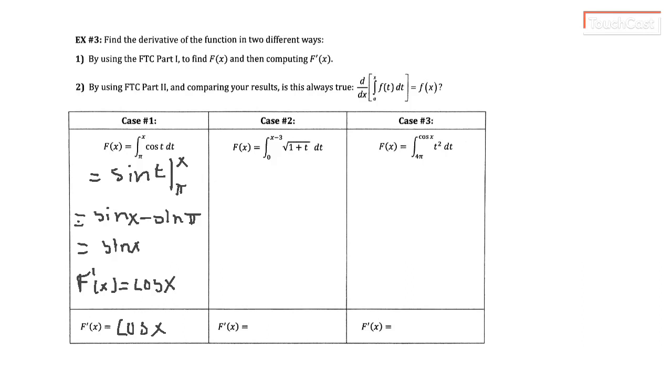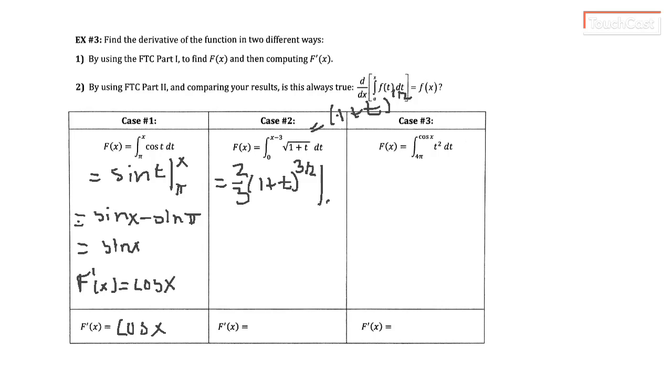Now here in case 2, I know that the square root of 1 plus t can be written as 1 plus t in parentheses to the 1/2. I don't have to always write it at this point. I just know that that's the case. So when I'm trying to find big F, I take 1 plus t and I increase the power by 1. So the power is now going to be 3/2. And we multiply by the reciprocal of that, which is 2/3.